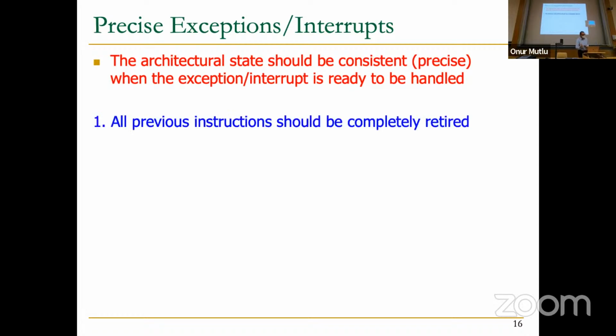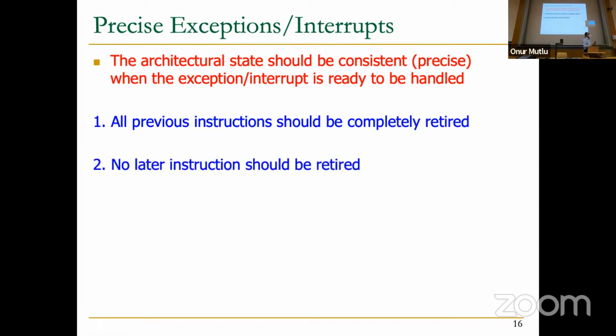So what does this mean, basically? All previous instructions should be completely retired. I'm not telling you anything new in a sense, actually. We discussed that von Neumann architecture dictates sequential processing. I'm going to basically rehash what sequential processing means. For the exception causing instruction, or for the point at which you're handling the interrupt, all previous instructions should be completely retired, and no later instruction should be retired.